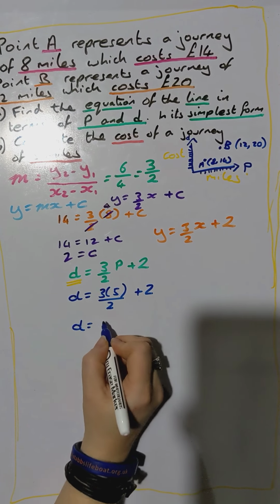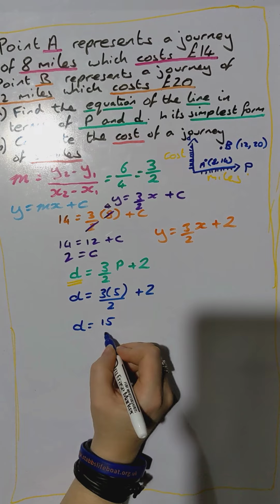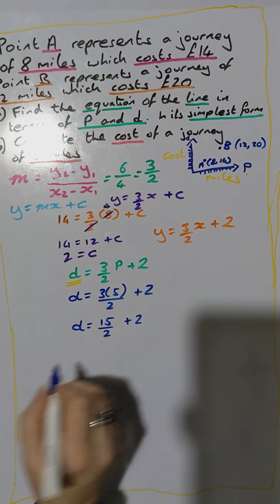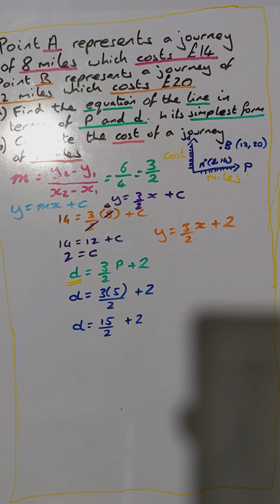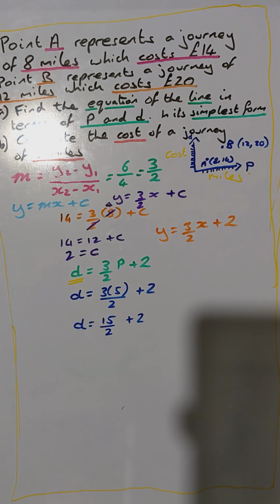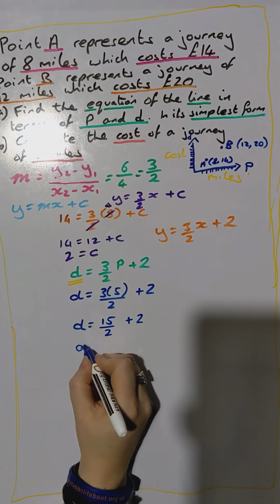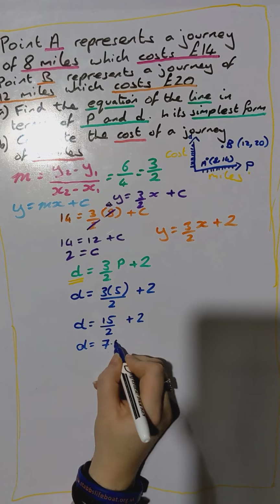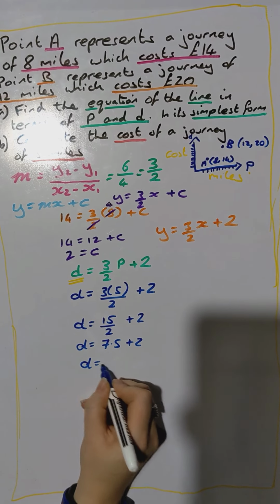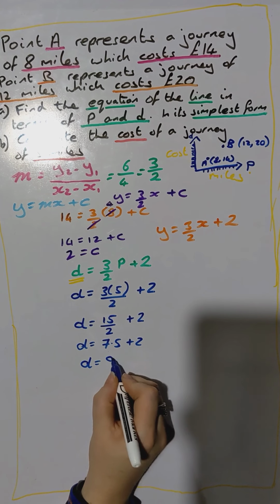Simplify that, d equals 15 over 2 plus 2. 15 divided by 2 is 7.5. So d equals 7.5 plus 2 gives me d equals 9.5.